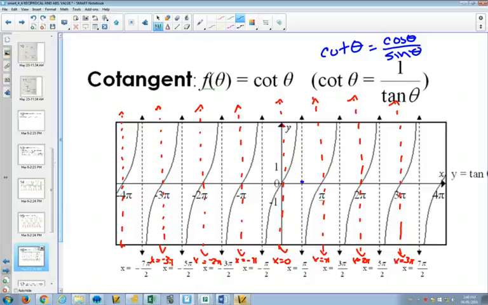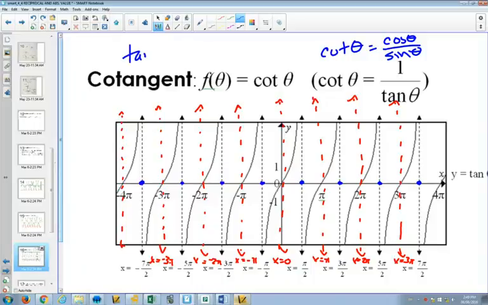Because this value right here where the asymptote crosses, those are all places where sine of theta is either 1 or negative 1. And so it's actually not a non-permissible value. And those are all places where cos of theta is equal to 0. Okay?